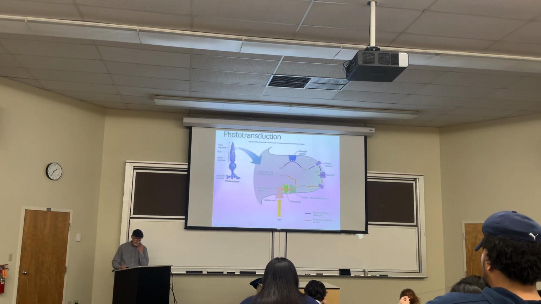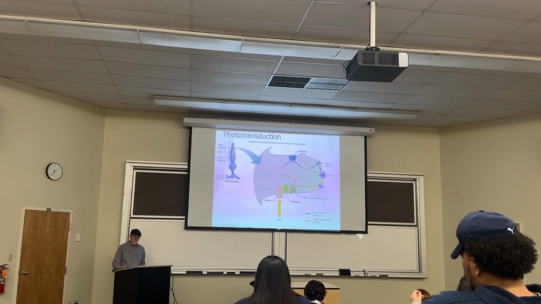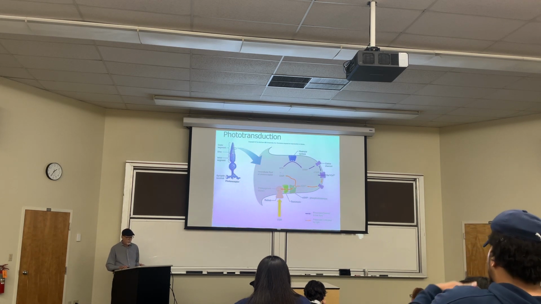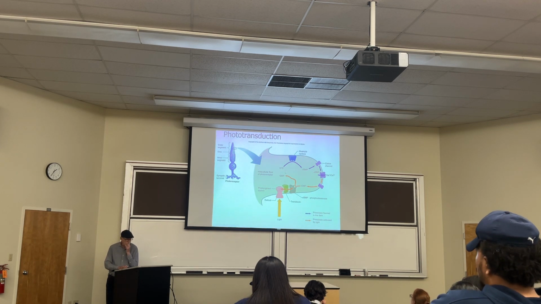We should know this diagram well and what's happening here. First of all, we see with the blue arrows, these are the processes in the dark, and the orange arrow, these are the processes activated by light. Here's our photoreceptor. Now, in the dark, we have created a number of cyclic GMP molecules.